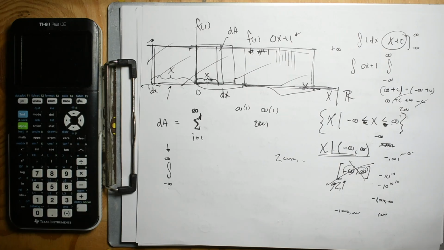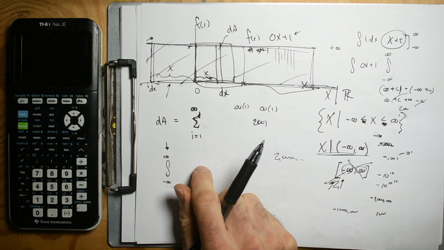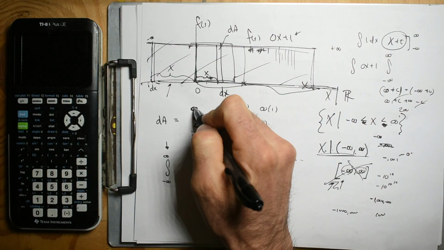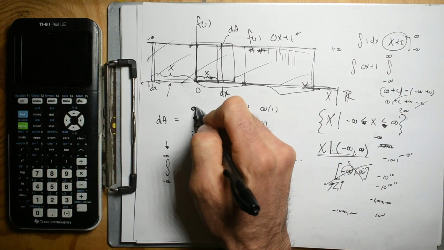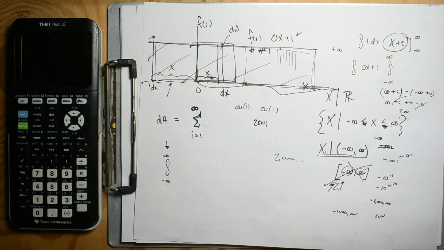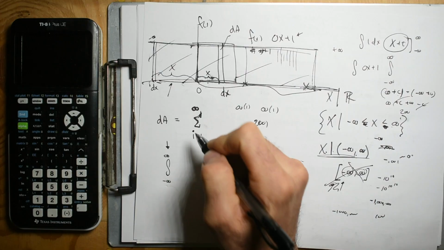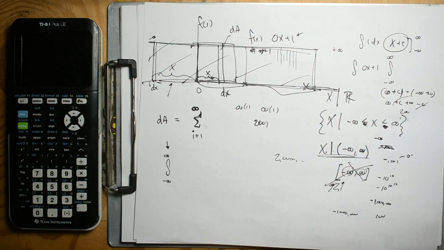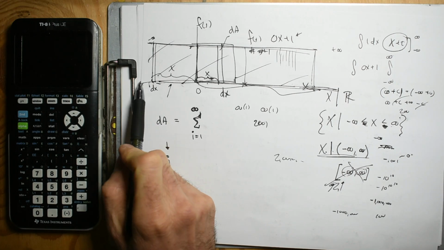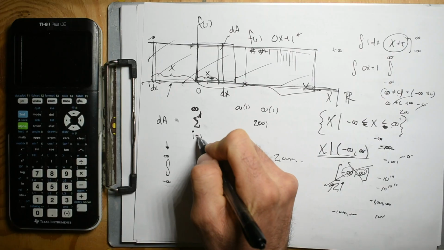And back to the summation. In the summation of this, I just don't know how you're gonna, it seems like you have to start at negative infinity. And that's the part that's tripping me up.